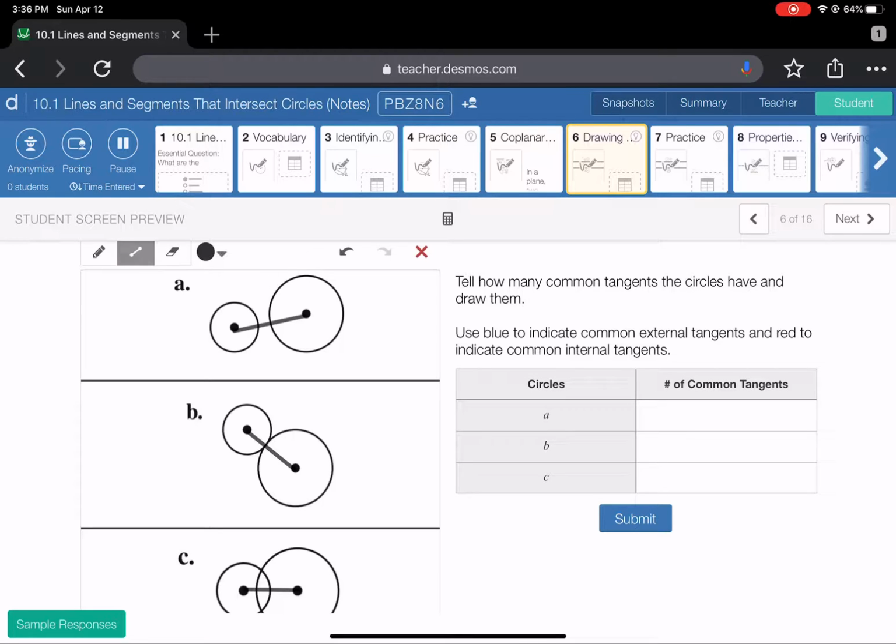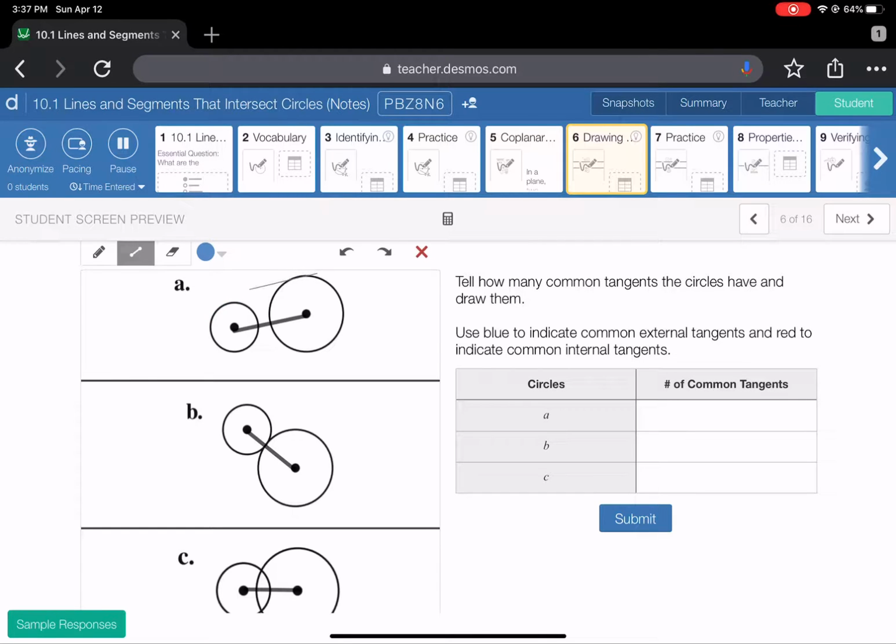It says to tell how many tangents we can draw on the circle, and we're going to use blue to indicate common external tangents and red to indicate common internal tangents. So we're looking for lines that I can draw outside or through the circle that only touch each circle once. For example, if I draw a line from here, oh, it's not going to work.